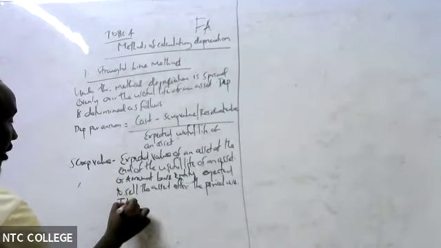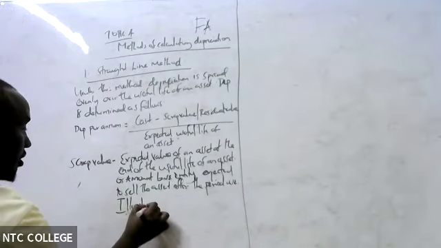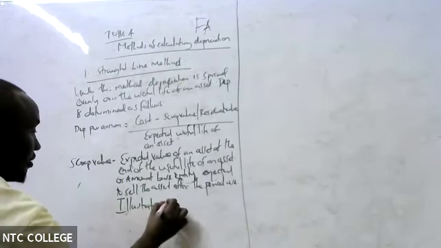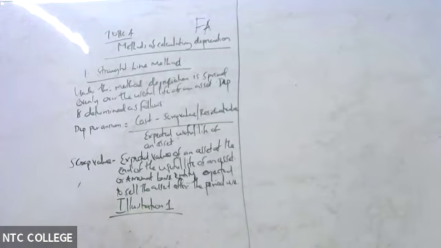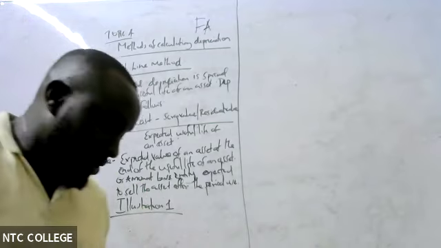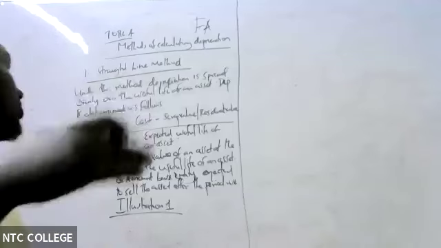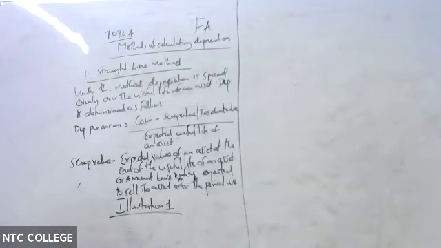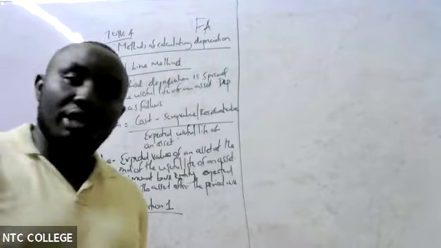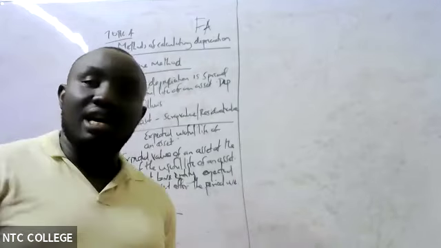So we can have the first illustration, illustration 1. Just to repeat, the straight line method is where we spread depreciation evenly over the entire useful life of an asset.